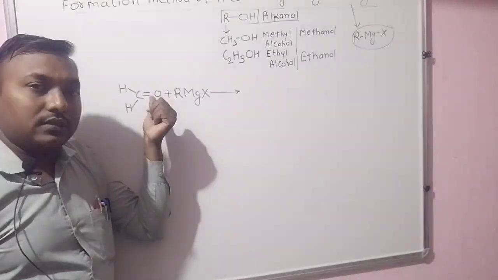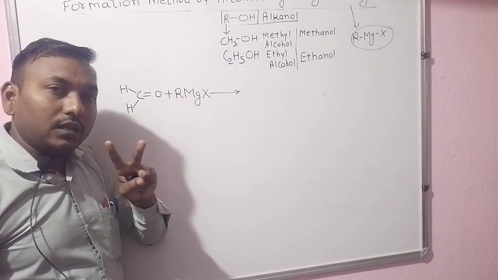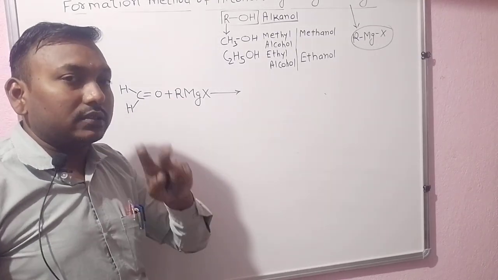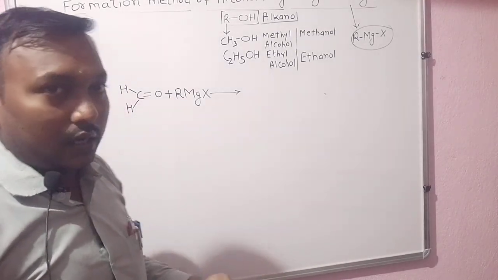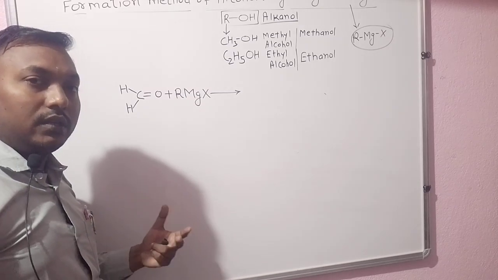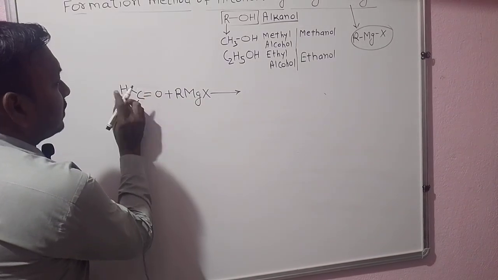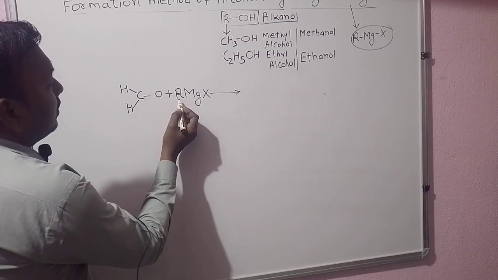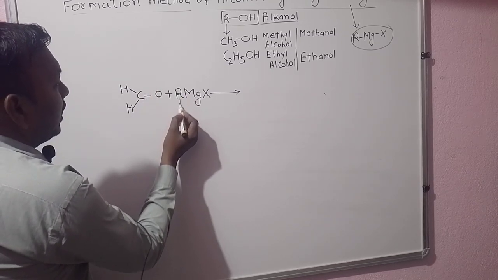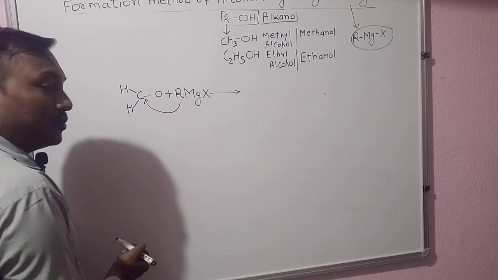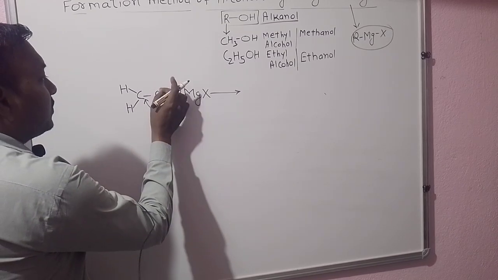The pi bond breaks and forms two single bonds, meaning the pi bond breaks and two sigma bonds form. So when the pi bond breaks, R comes here and MgX comes with oxygen.